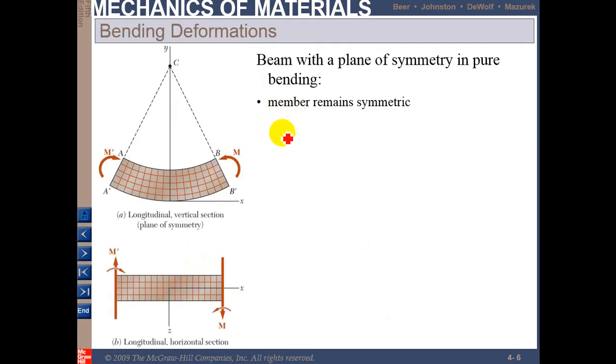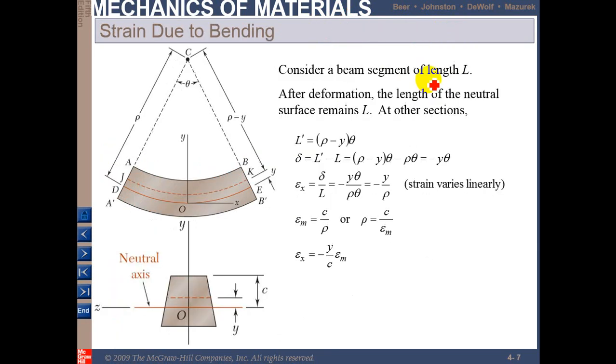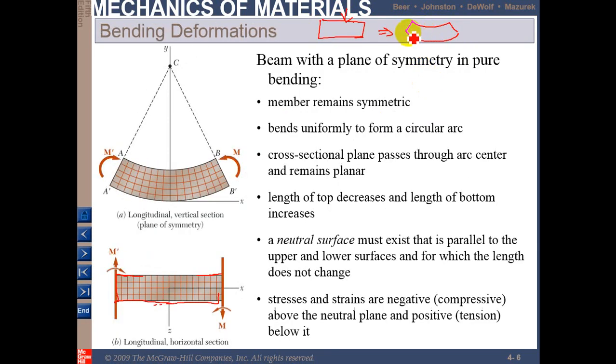Bending deformation, this is the principle of bending deformation. This is the original dimension before deformation, before bending. Before bending, it is like this, straight, and then you give force, and it will become like this. In the middle we have a neutral axis.